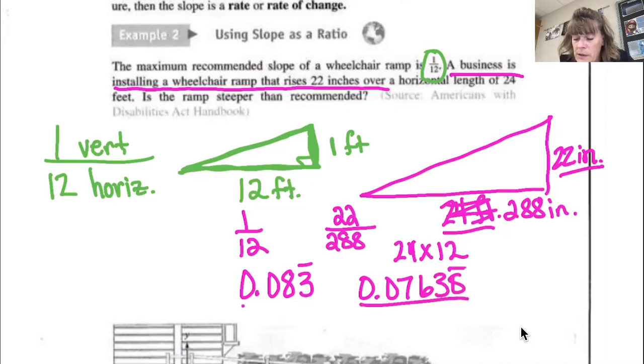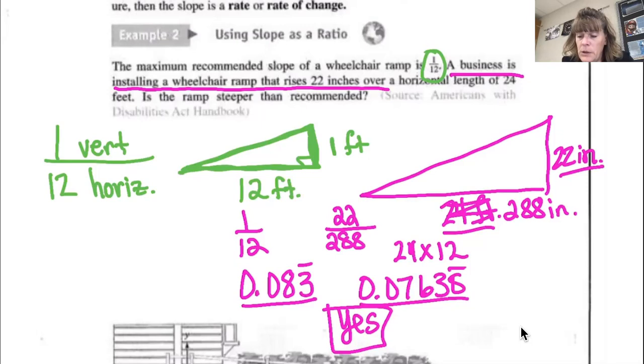So this is less than this. So then this would work because it is smaller, the slope is less than the recommended slope. So that's okay. It just can't be steeper. Okay, so then yes, this would work because it's smaller.